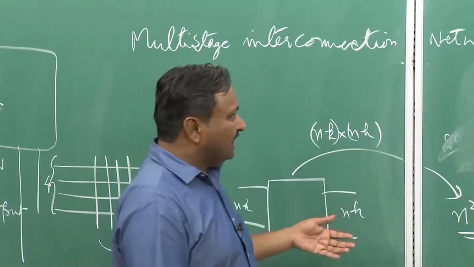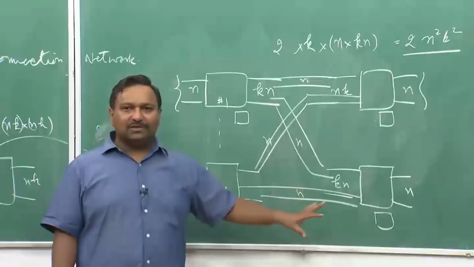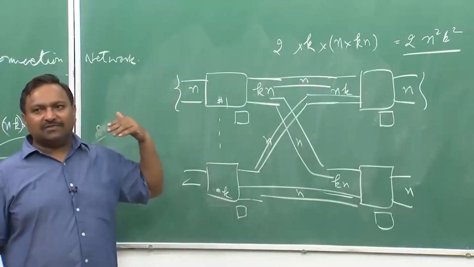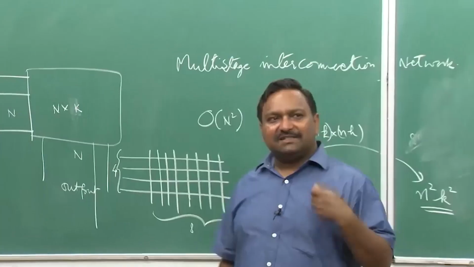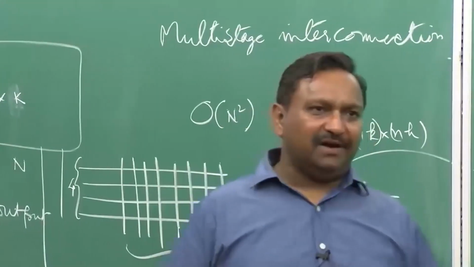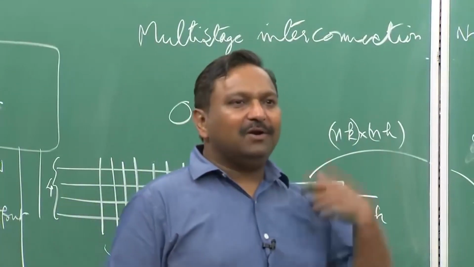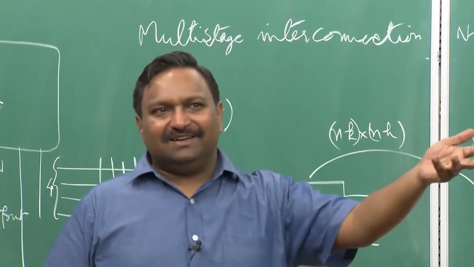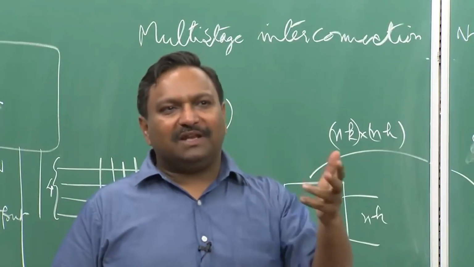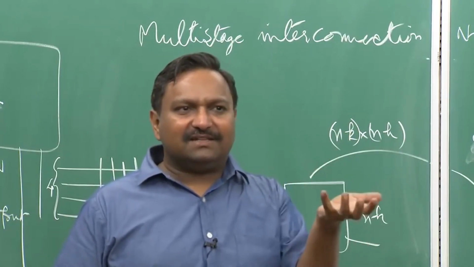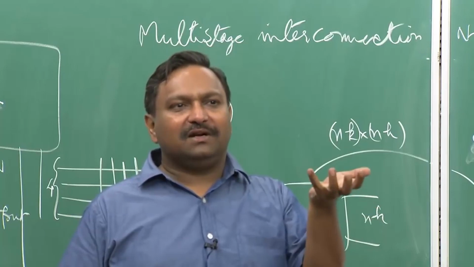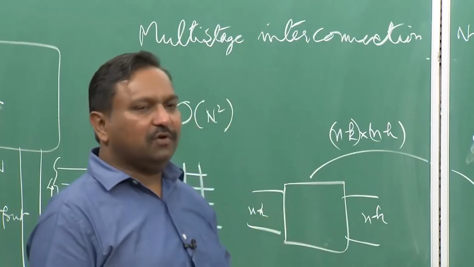And even if you want a strictly non-blocking switch, there will be situations when your call will not be able to go through. That will happen when the destination is already busy, already occupied, and you cannot connect because he is busy. So there will be a very small probability even for that. So we accept this slight degradation in service, which leads to a reduction in a lot of cost for us.